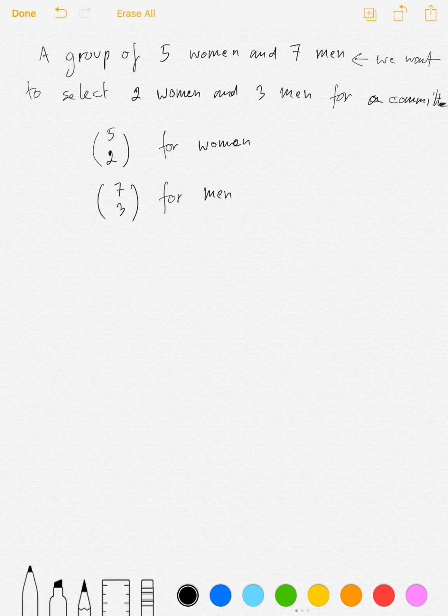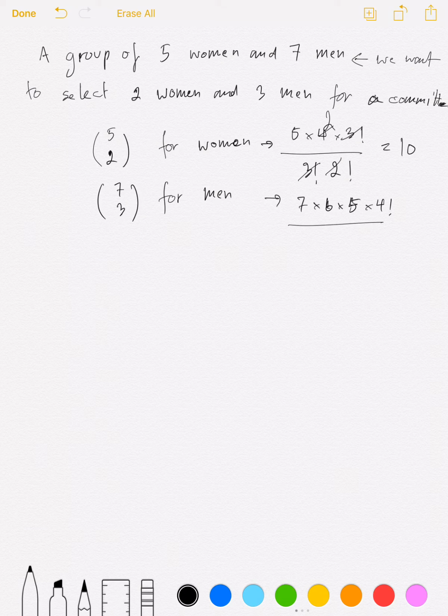After we have selected 2 women and 3 men, we can combine men and women, so we just multiply the results. 5 choose 2 for women is 5 times 4 over 2, which is 10. For men, 7 times 6 times 5 over 3 times 2, which is 35.